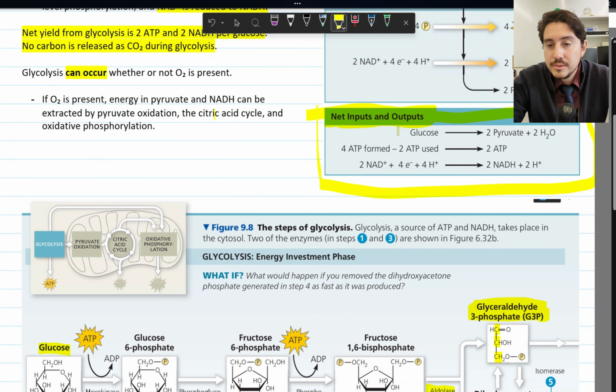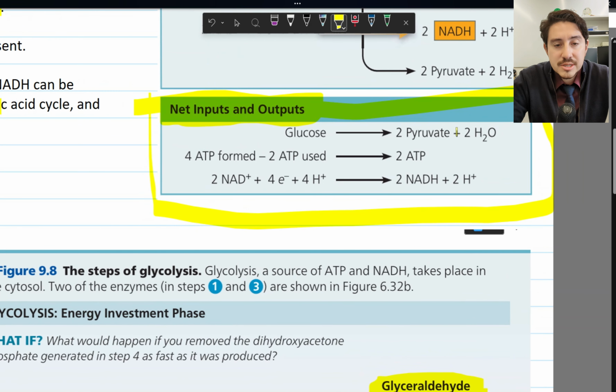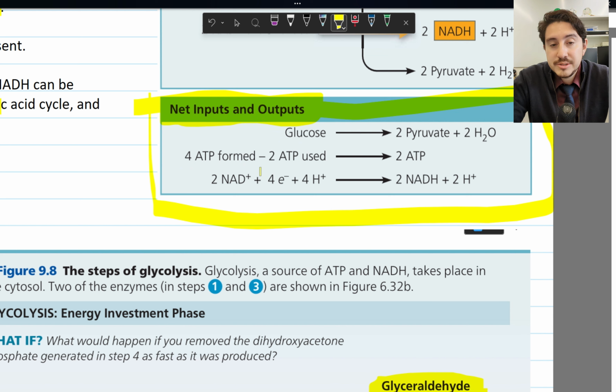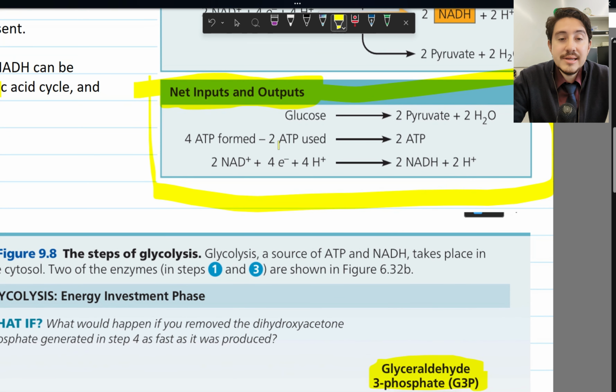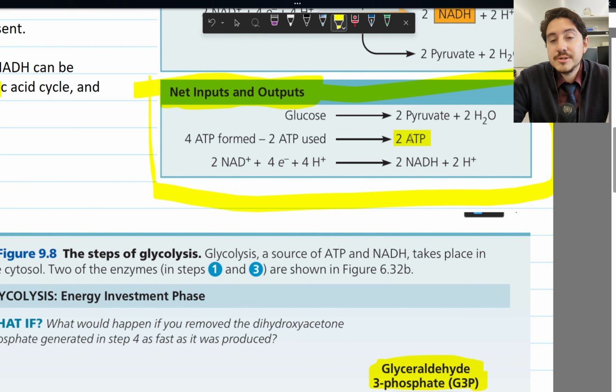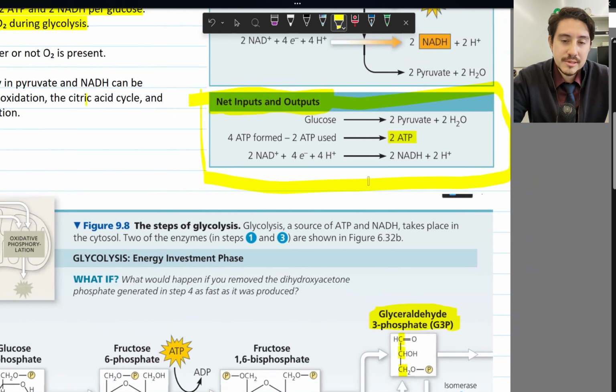So I want to go back here just to give you a sense of what is happening: the net inputs and outputs. Net input, you have glucose, and it produces pyruvate. Remember, you are producing 4 ATPs, but in the energy investment phase you need to use 2 ATPs, so there's a net output of 2. Of course, 4 minus 2 equals 2.